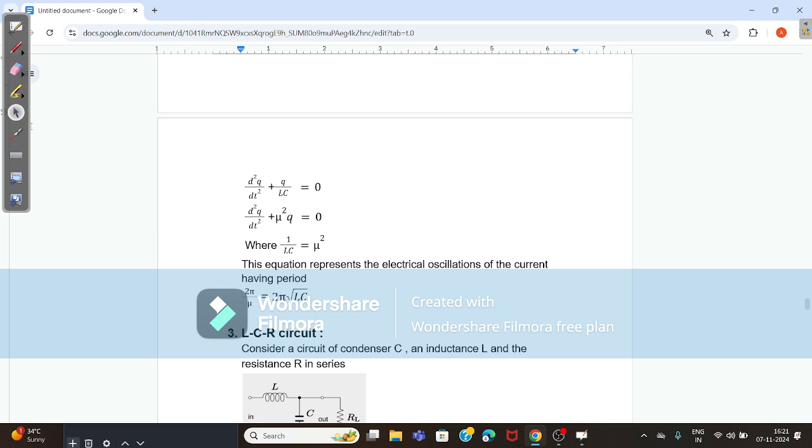So d square Q by dt square plus mu square into Q is equal to 0, where 1 by LC is equal to mu square. This equation represents the electrical oscillation of the current having period 2 pi by mu, which is equal to 2 pi root LC.